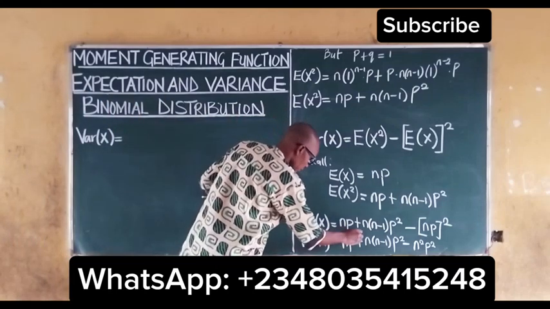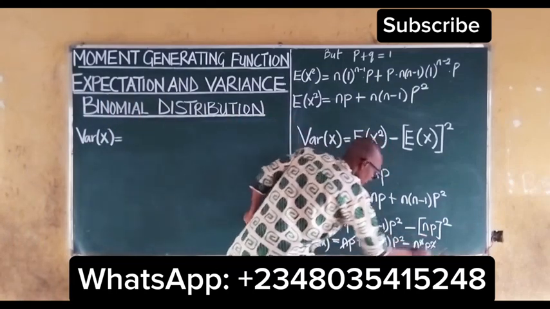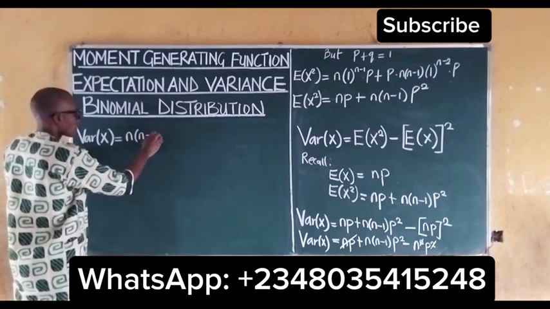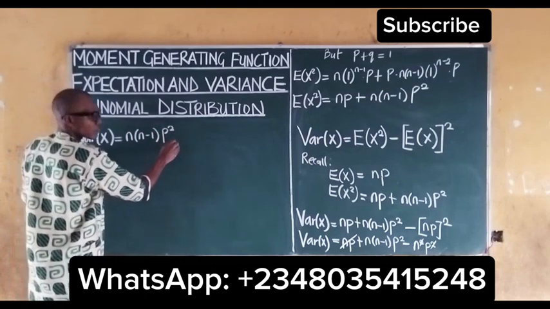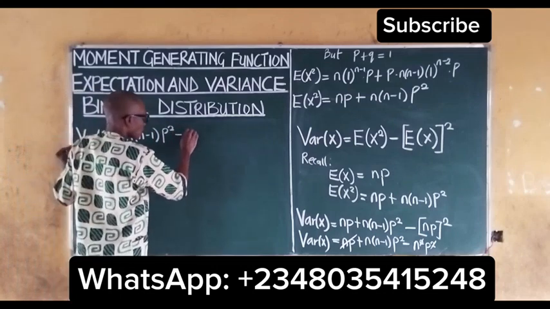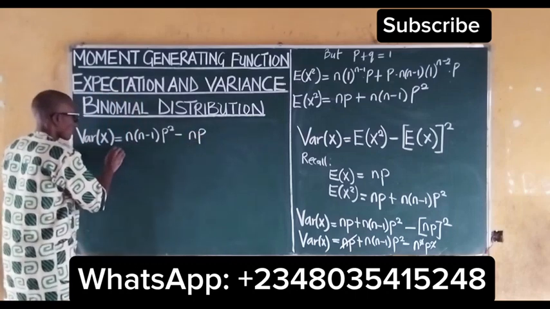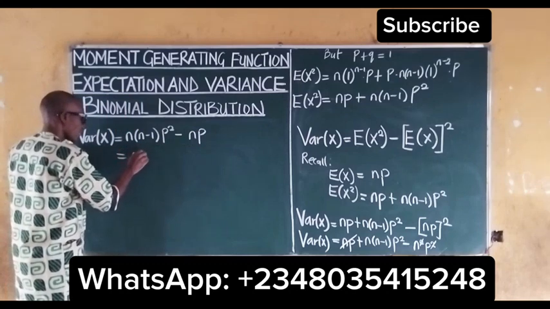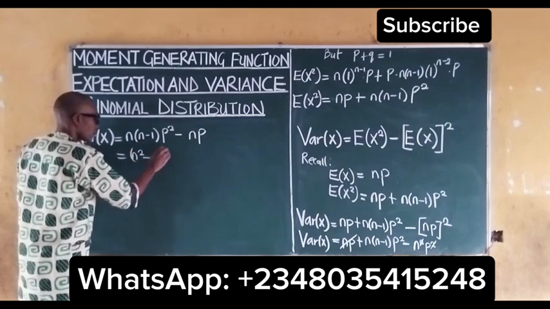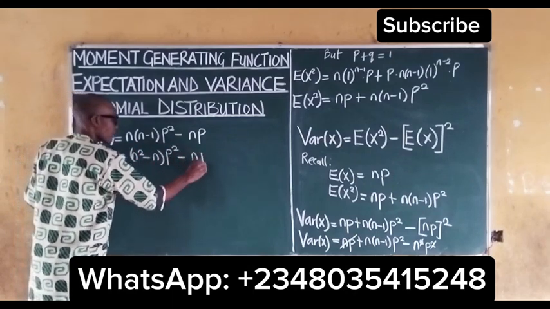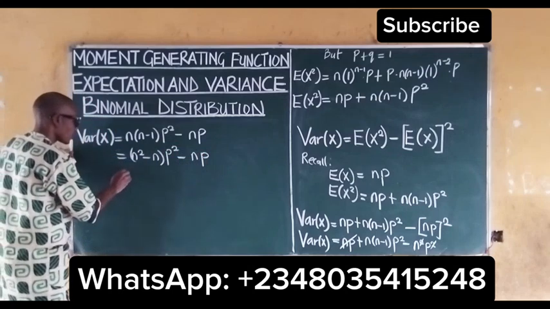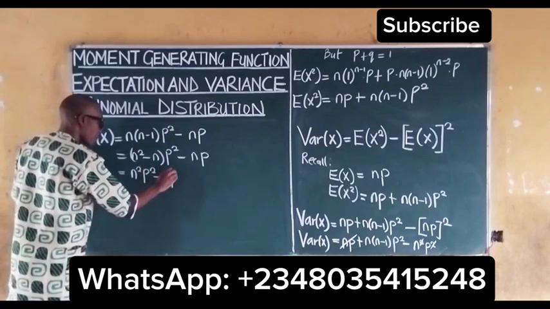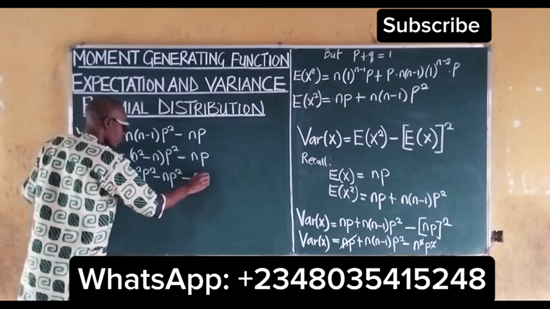Now, this will go into this and this. So we have n into n minus 1 p squared minus np, which is also equal to, we can open this bracket to give us n squared minus n into p squared minus np, which is equal to n squared p squared minus np squared minus np.